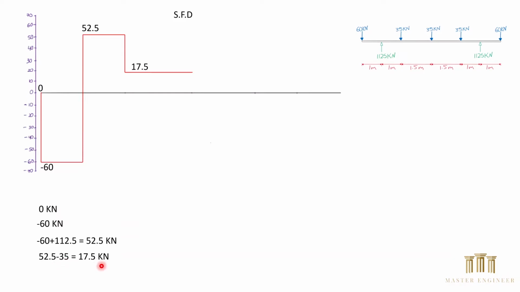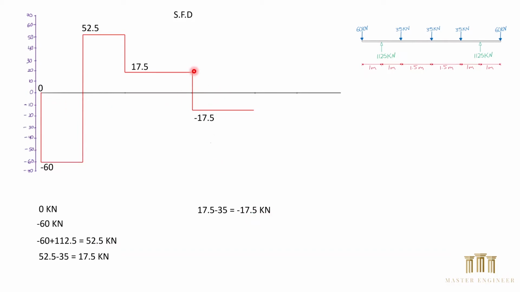That will give us 17.5 kilonewton. So from this point, we come down to 17.5. Again, a constant shear force all the way to this point. We come across another 35 kilonewton acting downward, which is negative. That will give us minus 17.5 kilonewton.